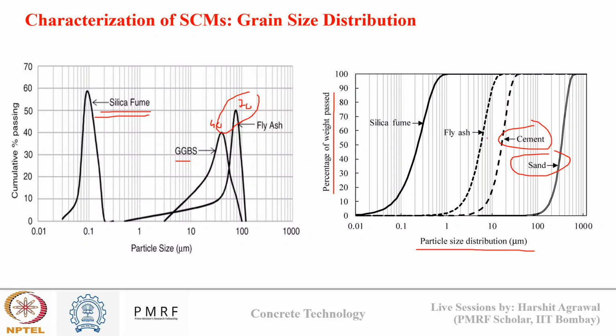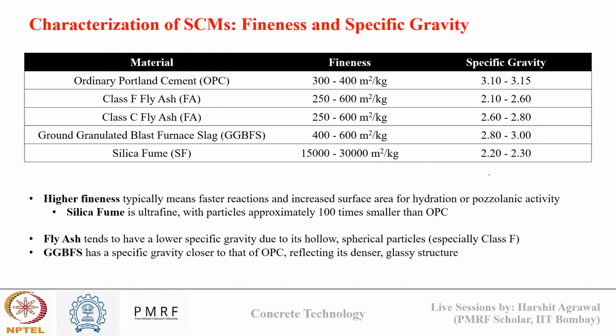Compared to cement, fly ash is finer, but it lies in very close proximity to cement, while silica fume is much finer than fly ash and OPC. And if I would plot GGBFS, it will also come in this range, close to fly ash and in the close proximity of cement. So you can see from the grain size distribution also how silica fume is comparatively finer than other SCMs.